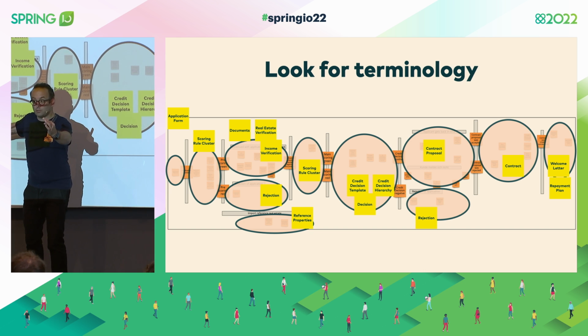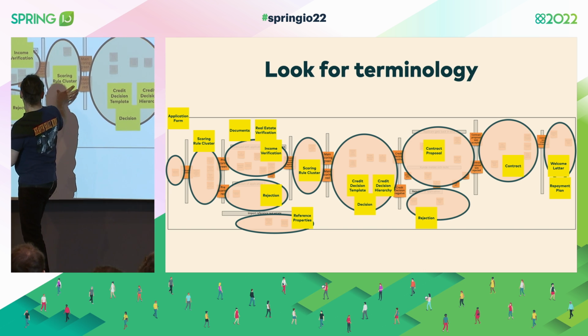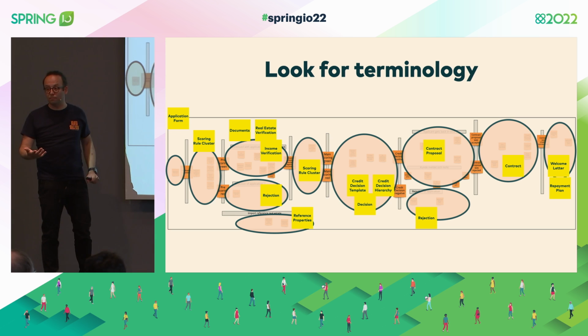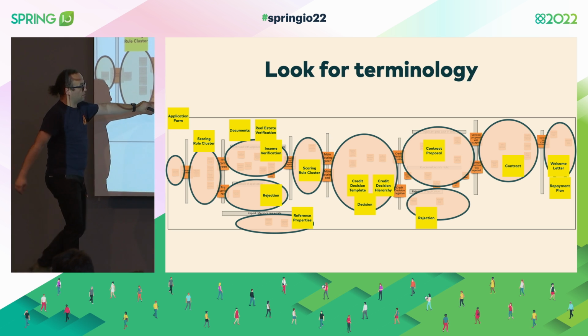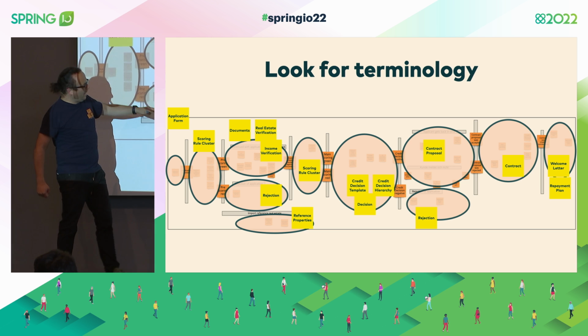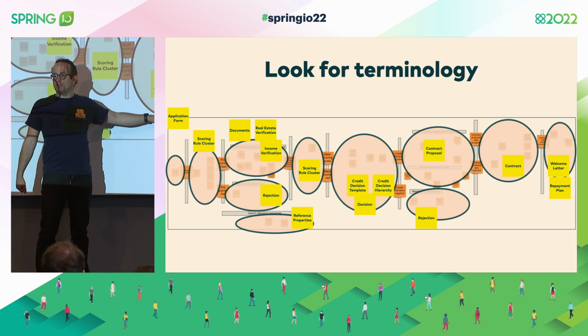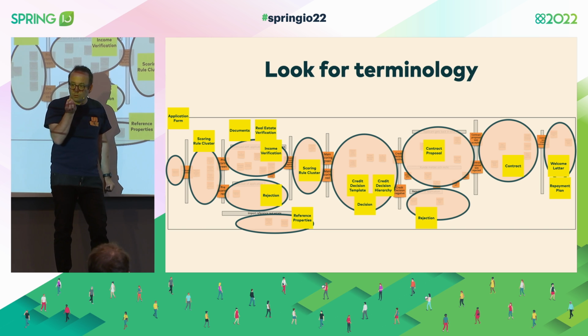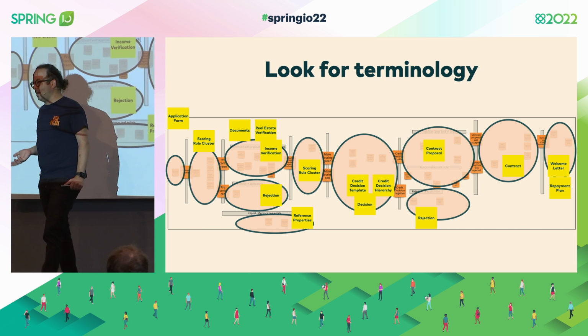It even contains the term scoring. Maybe we want to define a bounded context for this part and this part, that this is the same thing. Or also those rejections. Is a rejection the same thing as a decision? Maybe a rejection is actually a decision.